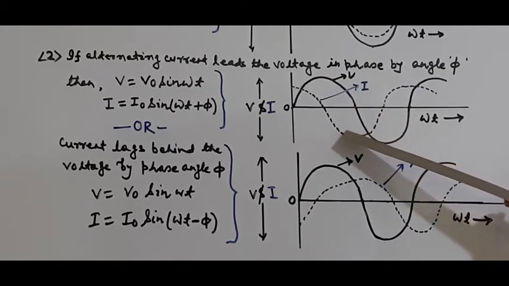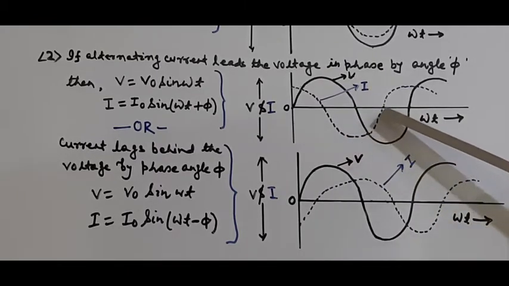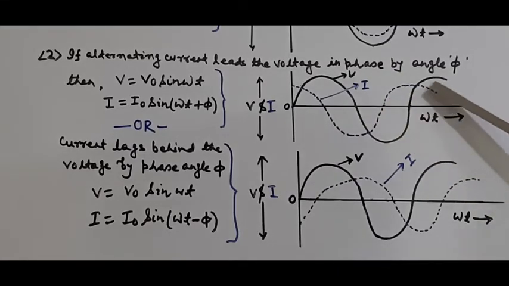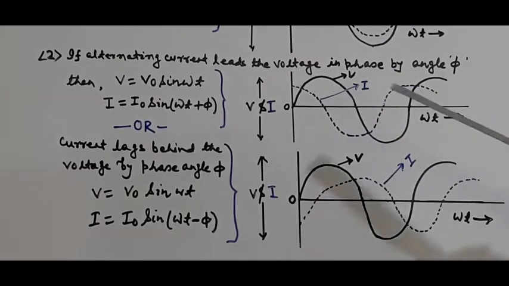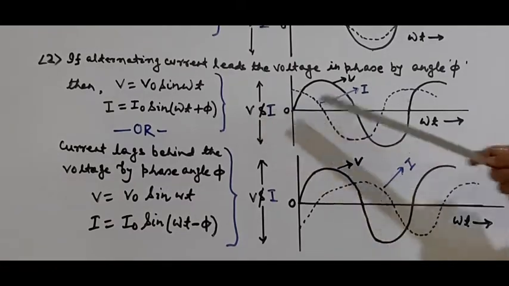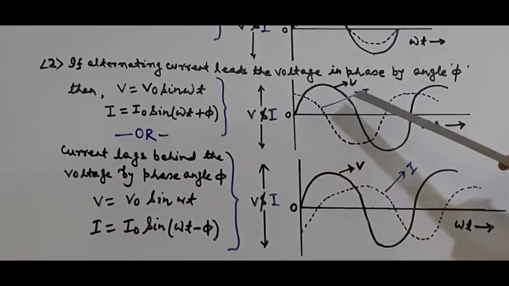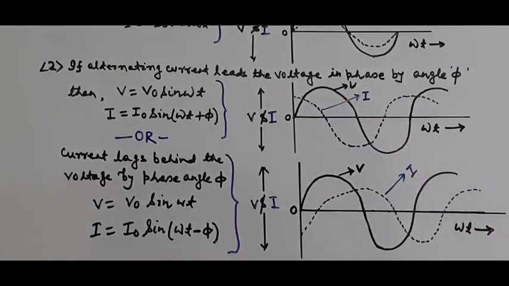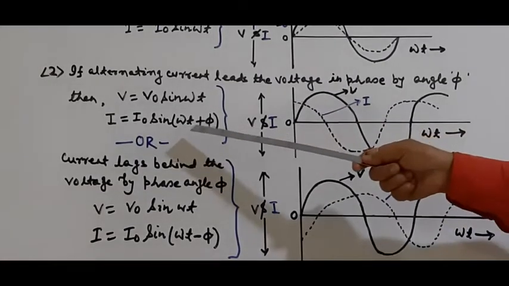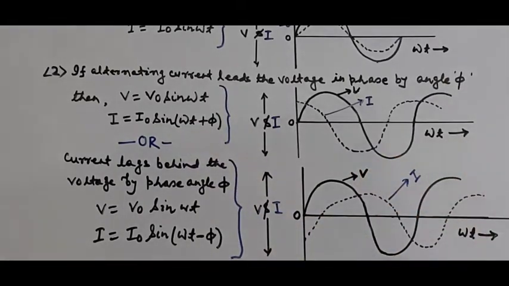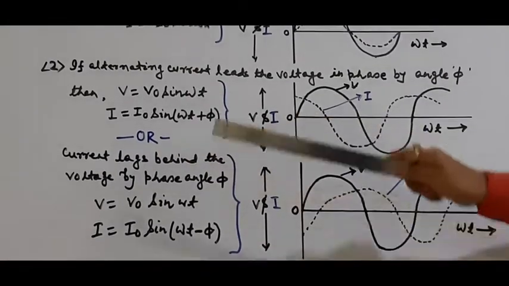Again here, the current reaches the reference line first, then the voltage, and it continues. It is quite clear from this variation that the current is leading and the voltage is lagging behind. So it shows that the current leads the voltage in phase.